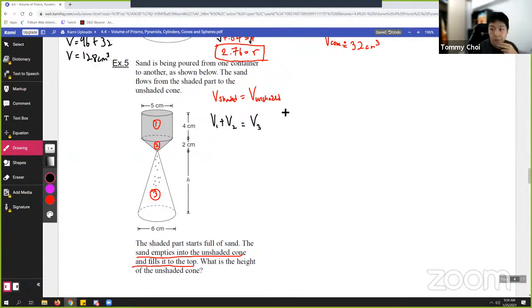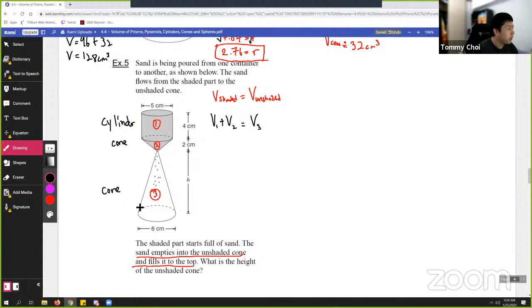Does that make sense? I've numbered it 1, 2, and 3. The shaded area is composed of volume 1 and 2 added together, and the unshaded area is equal to volume 3. This allows me to identify what shapes I'm trying to solve for, right? So this here is a cylinder, this here is a cone, and this here is a cone. So we have all of that.